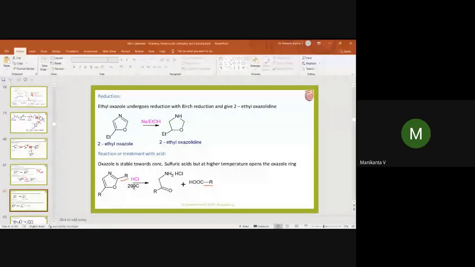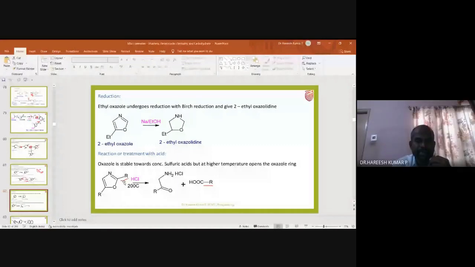Sir, I have a doubt with reaction with acid, sir. Okay, tell me. Sir, how? Hello? Here there will be, I think you know what is called ring opening reaction. So ring opening reaction means the oxygen present here, no? This lone pair also present on this oxygen. This lone pair can pick up a proton.